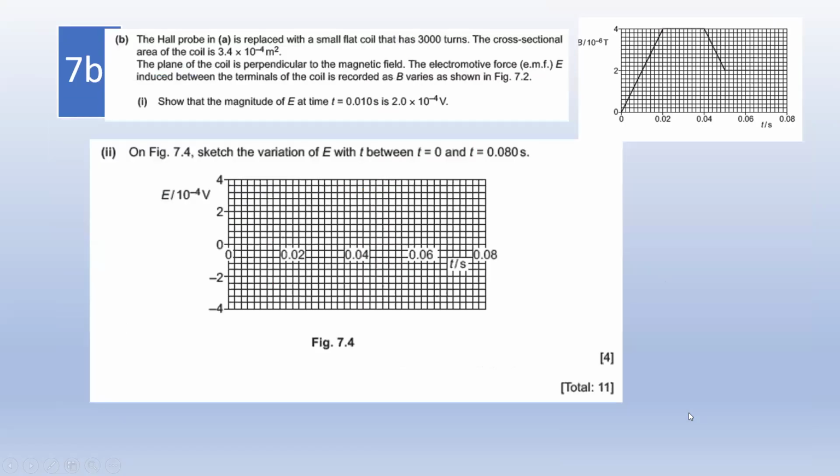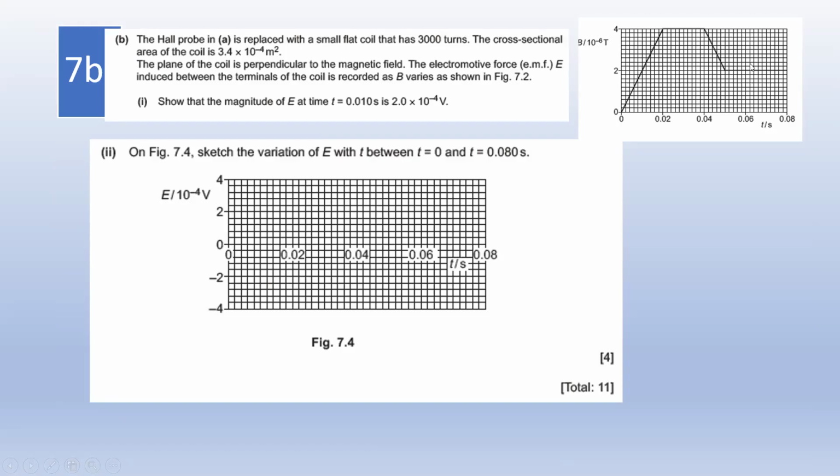Right, 1 minute left. On figure 7.4, sketch the variation of EMF, E. That one will be constant. This is 0, the slope is 0. Same slope, but different sign.